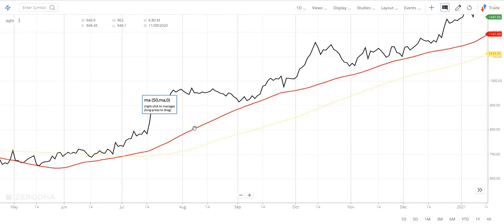First confirmation received. Prices are above the moving averages, so that's the second confirmation. And third, this yellow line is our 100-day moving average and this red line is our 50-day moving average, and the red is above the yellow line. So all three things we just learned to confirm the trend are saying that Infosys prices are in an uptrend.